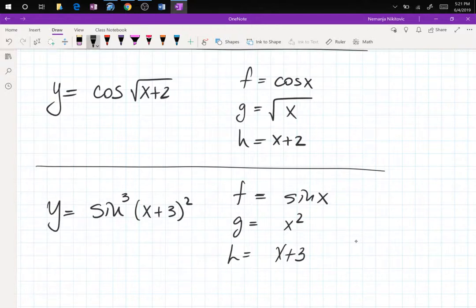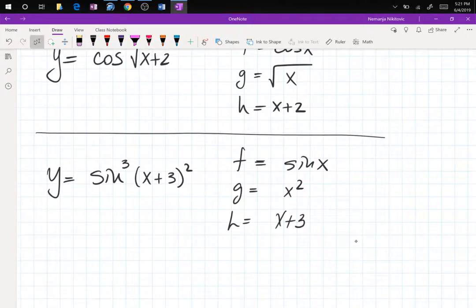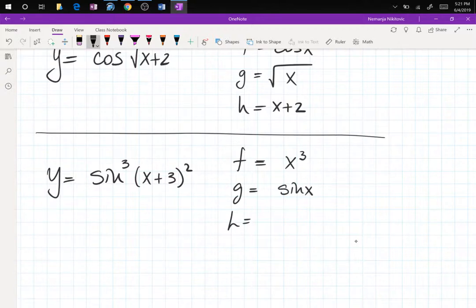So scrap this. There's another one. 4. Okay. I like that. It's just that I'll have to scrap all of this now. Nice. The first one is x cubed. And then the one inside is sine x.